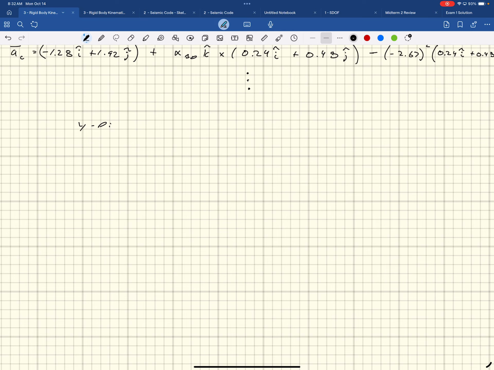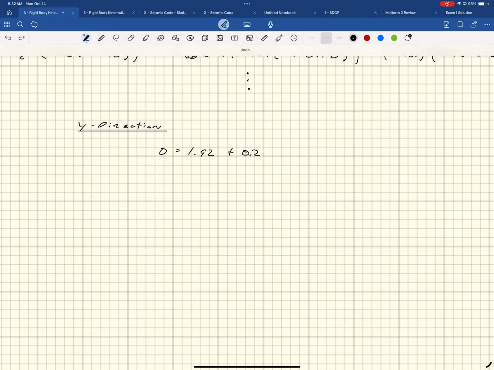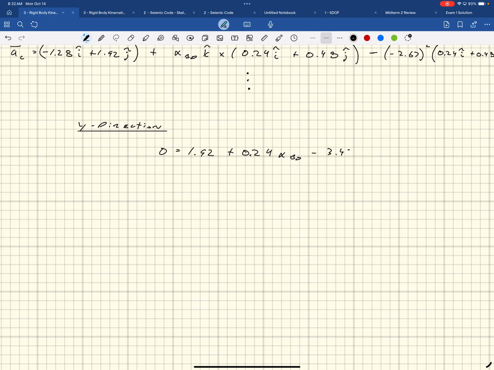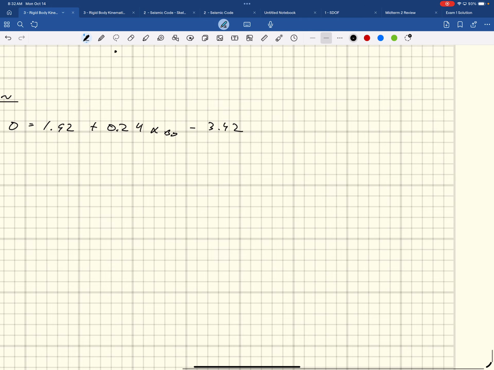Technically, I always look in both directions just in case, but in this one you only have to look in the Y direction. 0 is equal to 1.92 plus 0.24 alpha_BD minus 3.42. They only asked us for alpha, so I just wrote down that part. You get alpha_BD is equal to 6.24 rad/s squared.